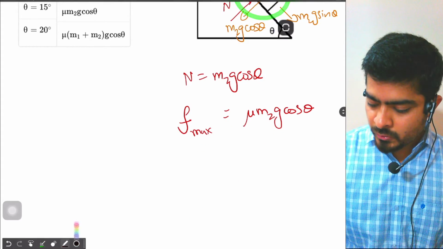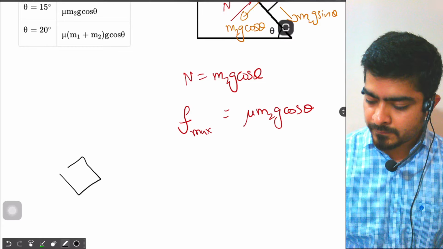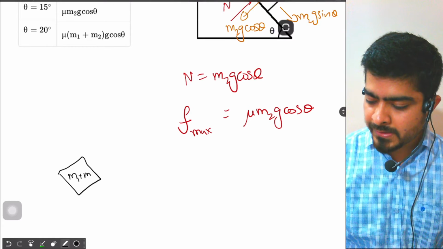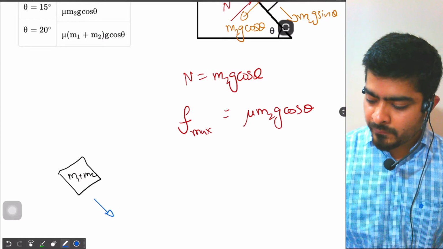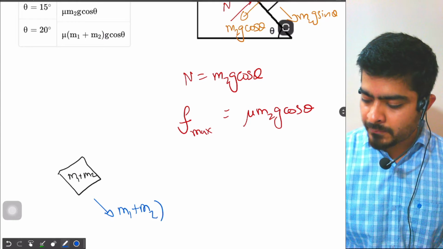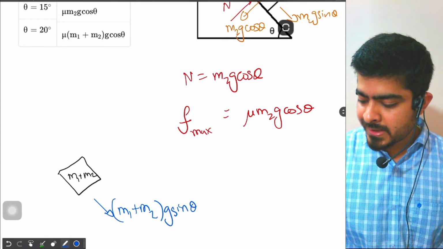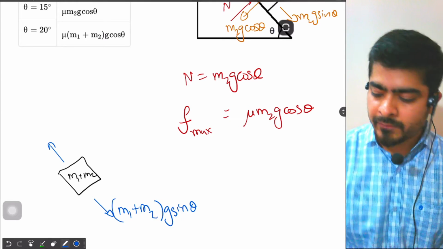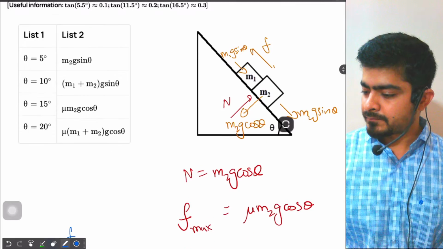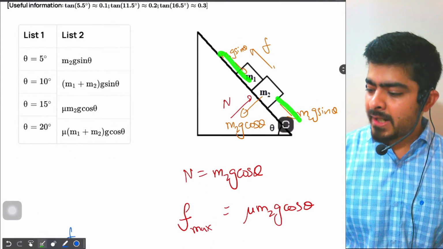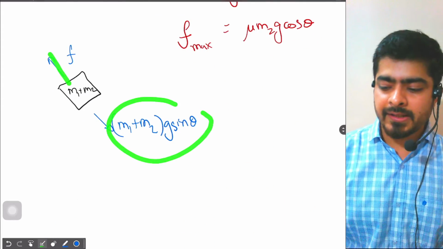Now look at the two blocks combined together. If I look at the two blocks combined, m1 plus m2, then on this side I have the net force (m1 plus m2) g sin theta, and on this side I have the friction. So m1g sin theta and m2g sin theta are added together, and then I have friction over here.